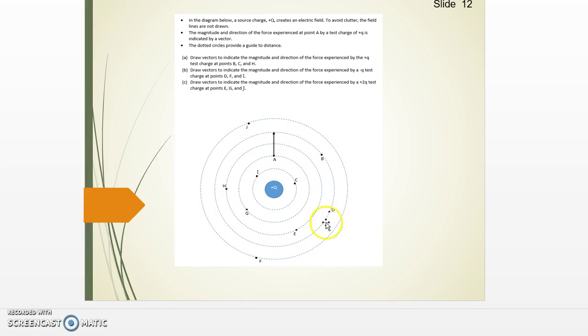So this is designed to really bring out the distance relationship, so that when you double the distance, you can see from the arrows that the arrow is 1/4 the length, and when you halve the distance, it's 4 times the length, and so on. So I thought that might help bring out the force-distance relationship more clearly than just having a random spread of charges. Anyway, that was just one idea.